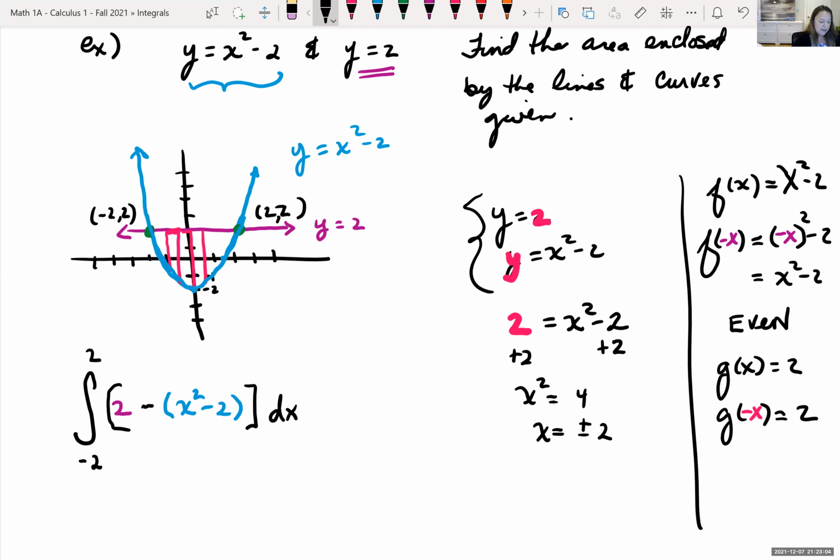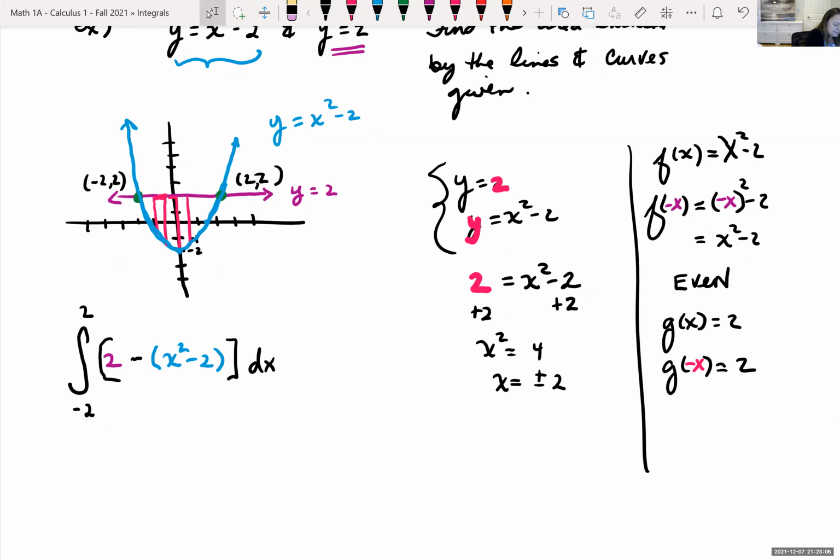So I could use that form, knowing that this is the same thing as 2 times the integral from 0 to 2 of this. Let's just distribute that negative in here and combine like terms. So this would be 2 minus x squared plus 2. So we really have 4 minus x squared dx.